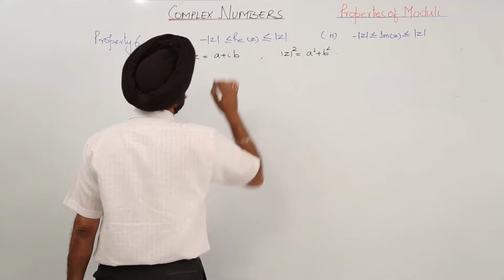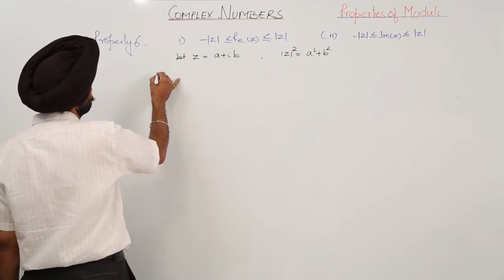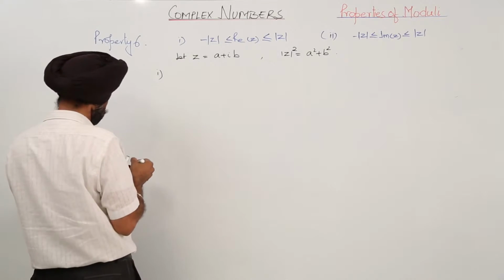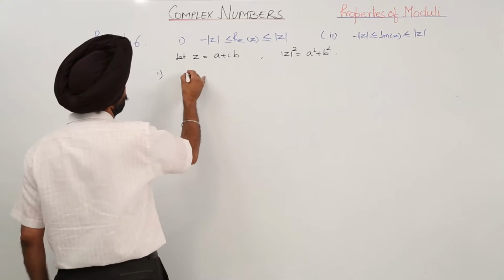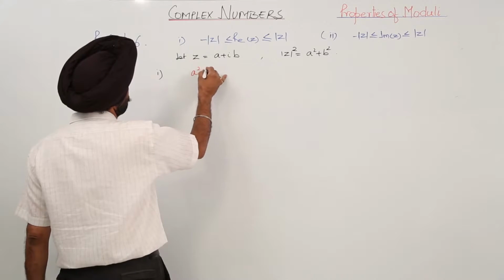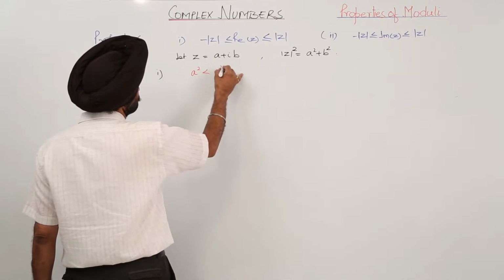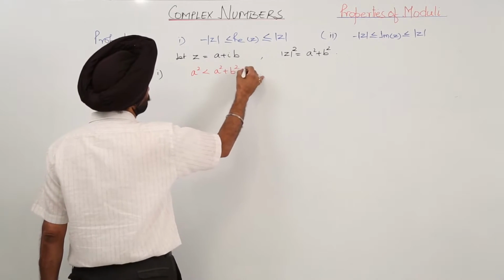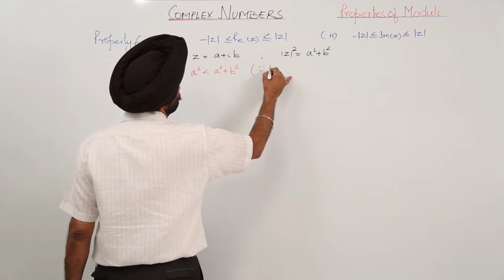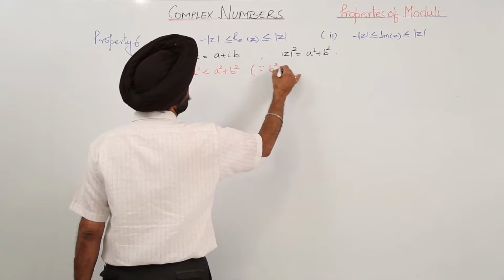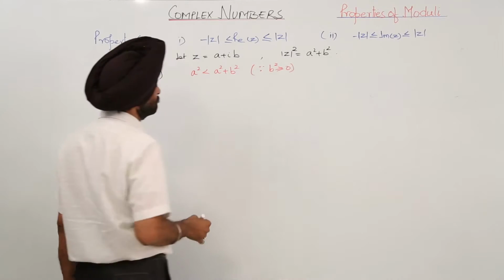Number one, a square is less than or equal to a square plus b square, and the condition is b square is greater than or equal to 0.